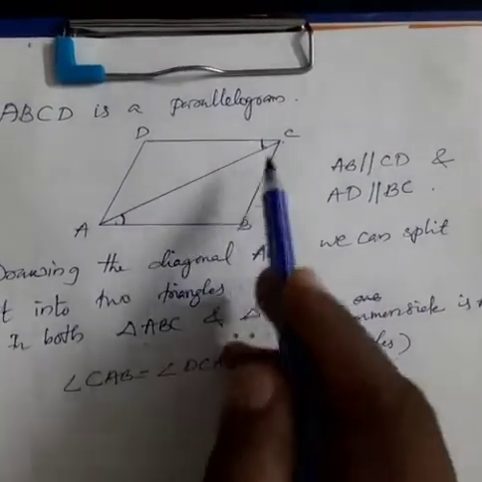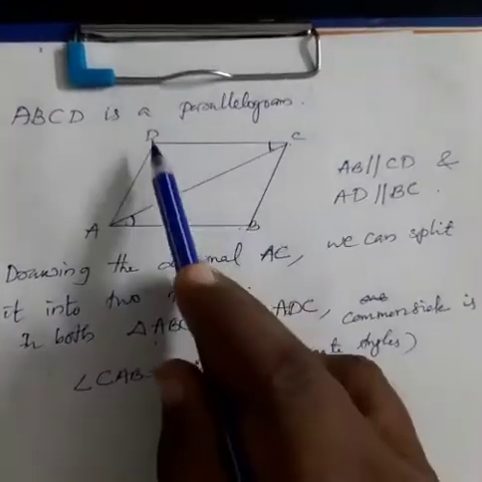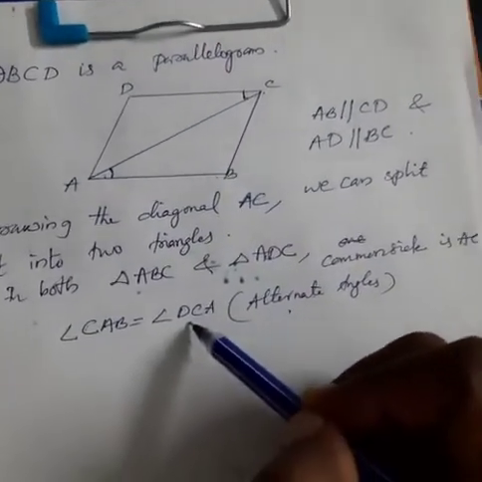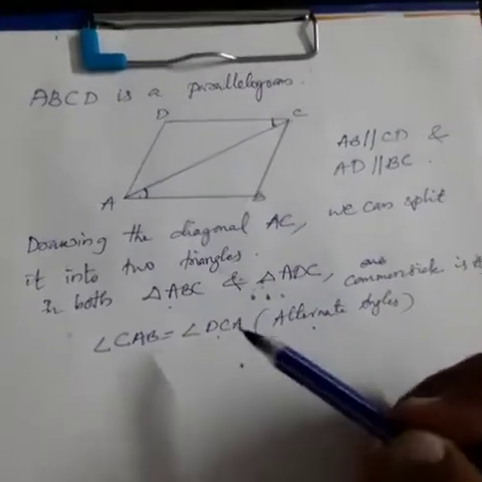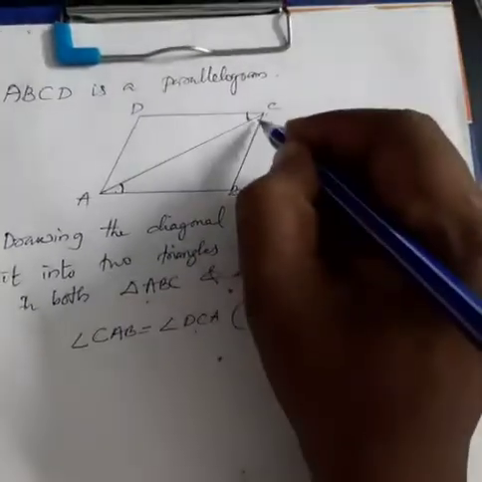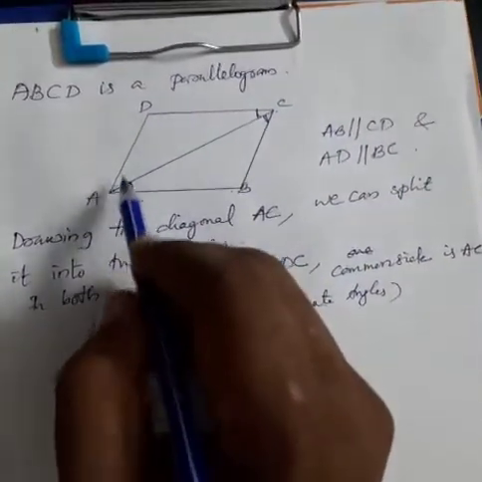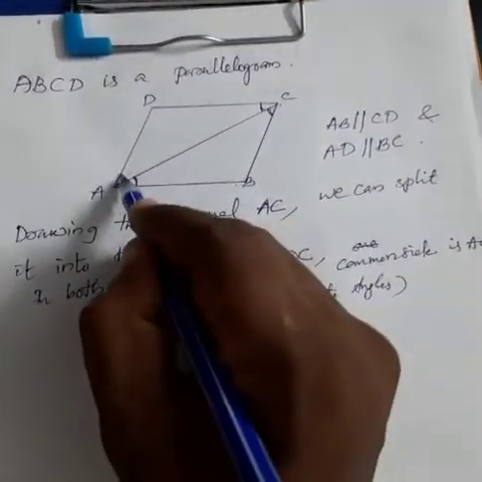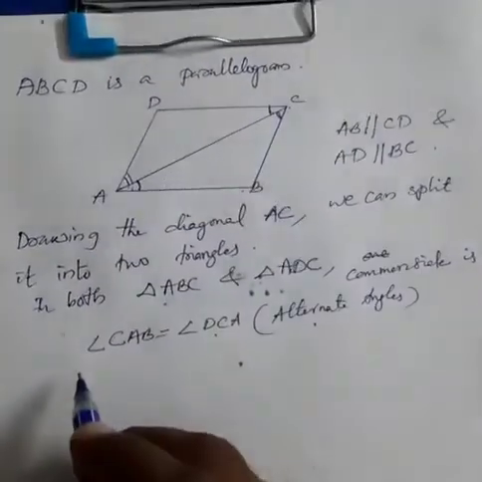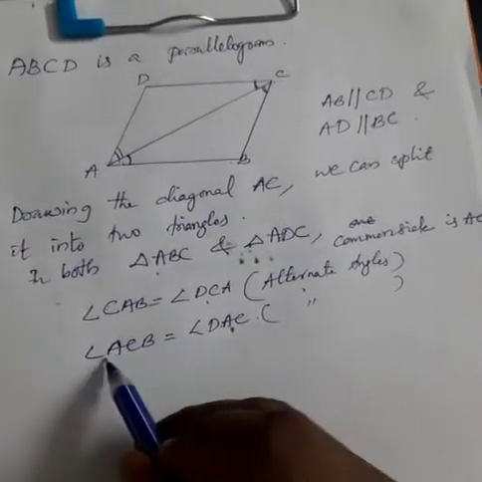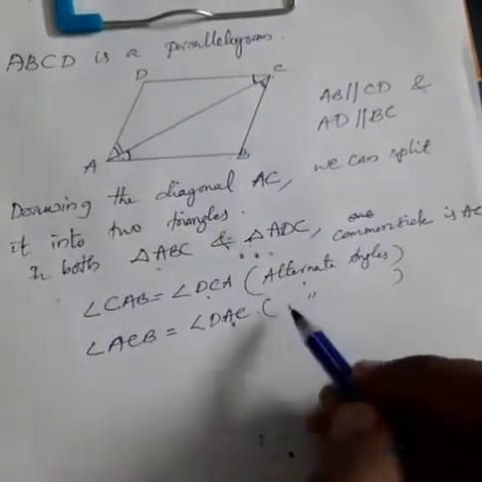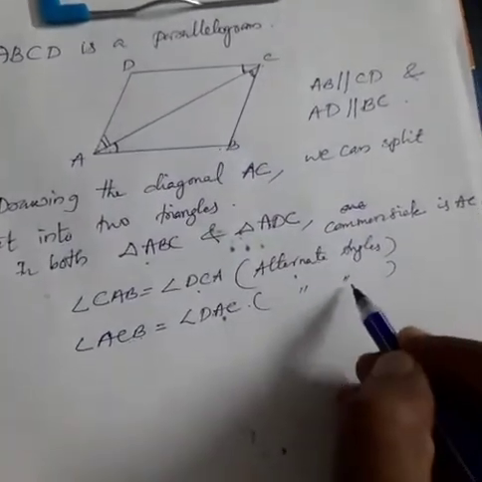So angle CAB and angle DCA are equal because they are alternate angles. Similarly, angle ACB and angle DAC are also equal because they are also alternate angles.